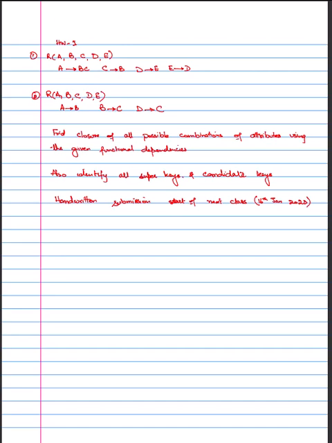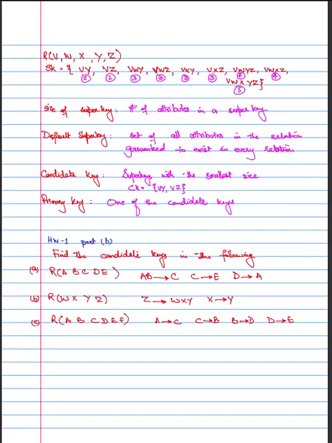Similarly, this is another example: A identifies B, B identifies C, and D also identifies C. This is a solved example where the relation attributes are V, W, X, Y, Z. These are the super keys already found.